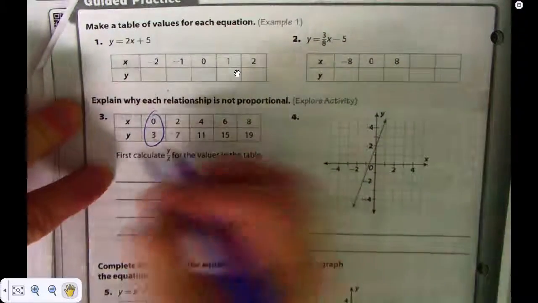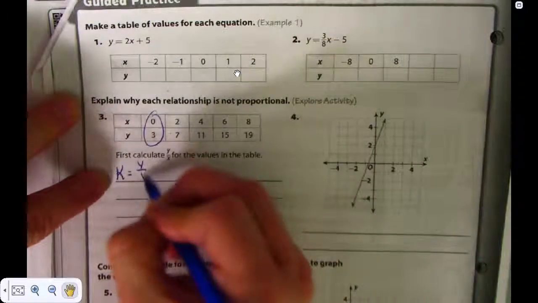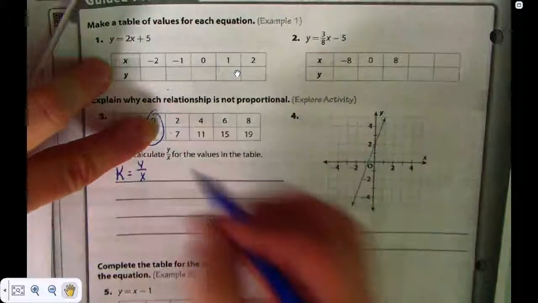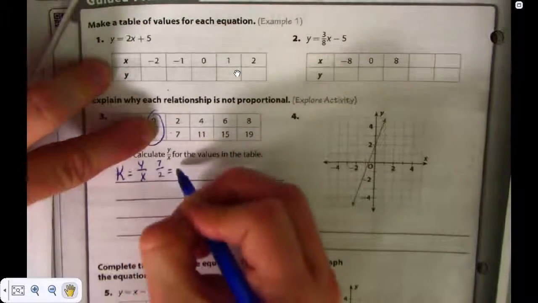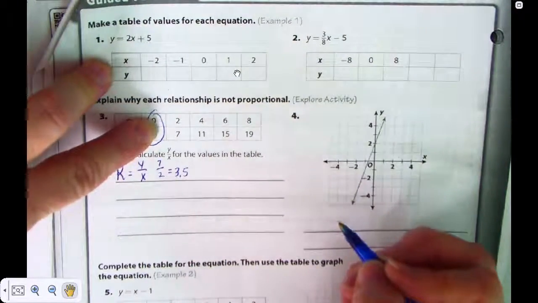So we're going to see if it's proportional by dividing our y by our x. We can't divide by zero, so we're skipping that one. What's 7 divided by 2? 3.5.